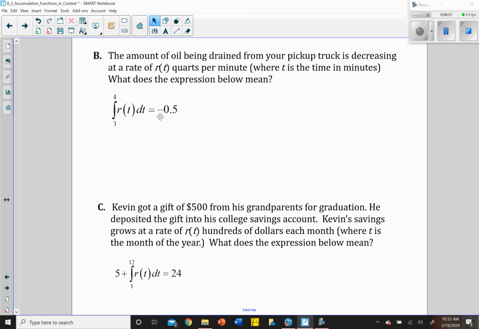So this is telling us from 3 to 4, that's during that 4th minute. During the 4th minute, the amount of oil drained from the truck, it's negative, so the amount of oil that drained from the truck decreased by 1/2 quart.